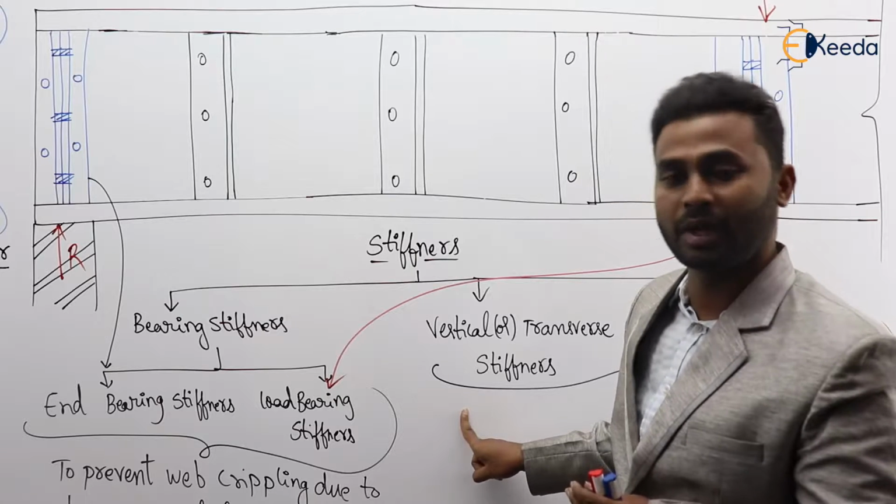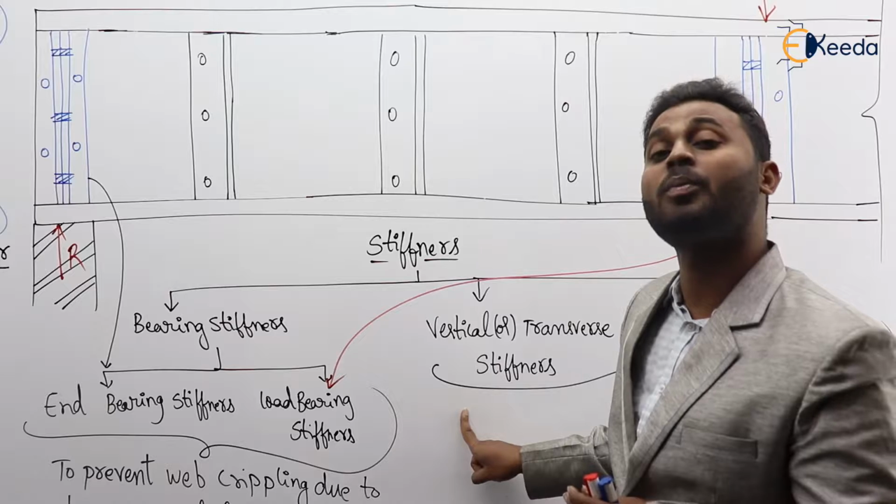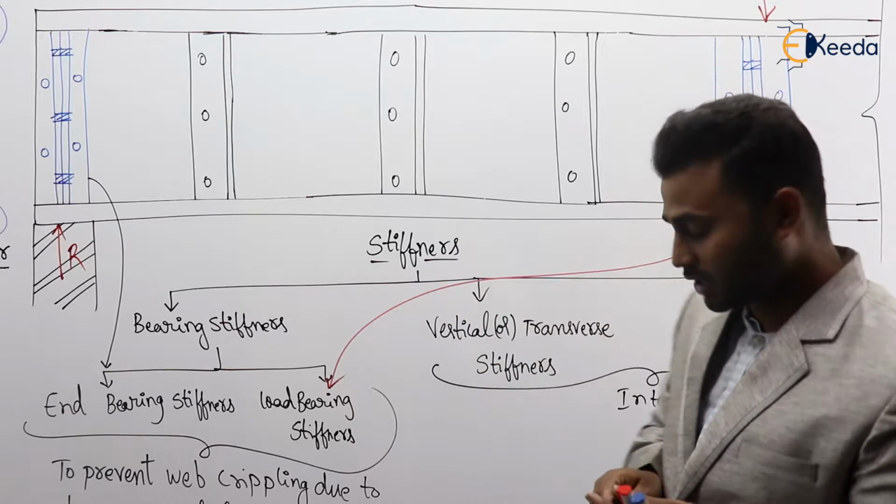We know the reason for web buckling. Web buckling is due to diagonal compression. Agree or not? Which is developed due to shear force, excess shear force.